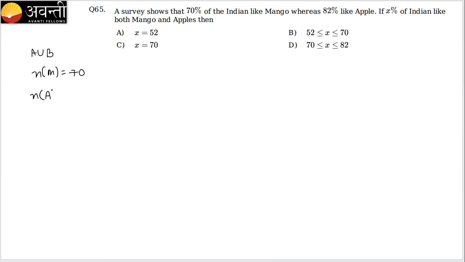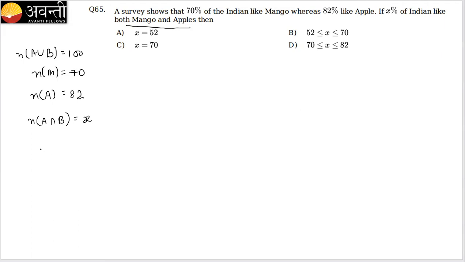N of apple will be 82. And N of A intersection B will be X, because this is both mangoes and apples, and N of A union B will be 100 as we don't want the percentage. Got it?